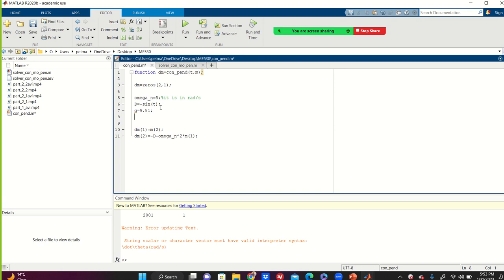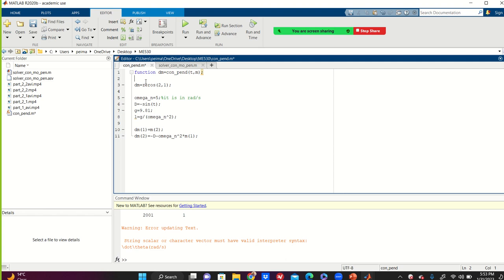So you know that natural frequency squared is g over L. So L is going to be g divided by omega n squared. Here we go. This is how we find L, the length of the pendulum. Look at your notes, right, guys?